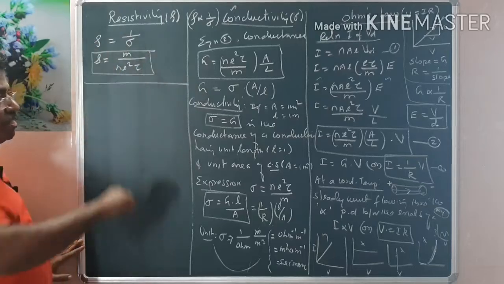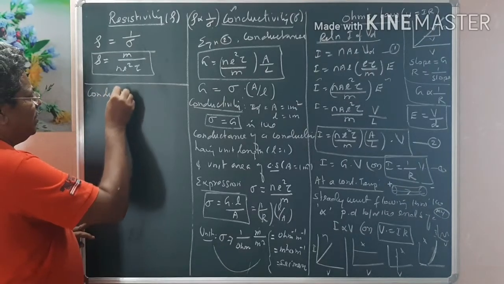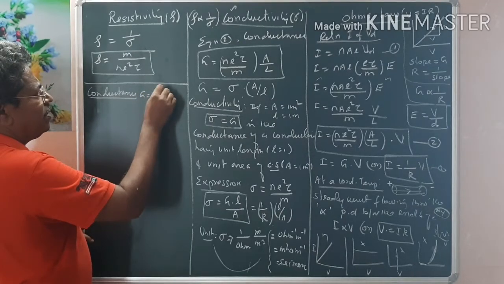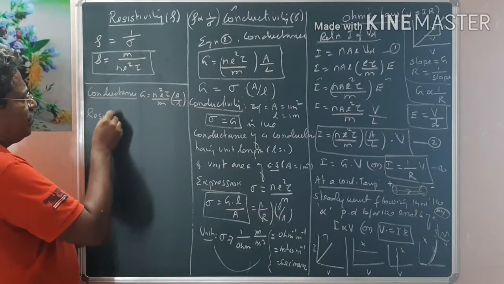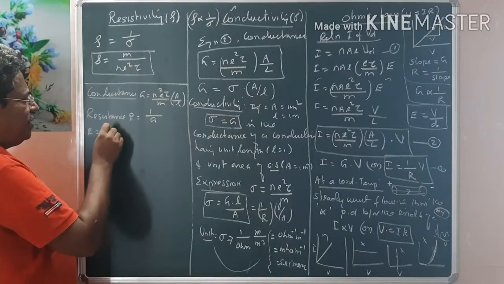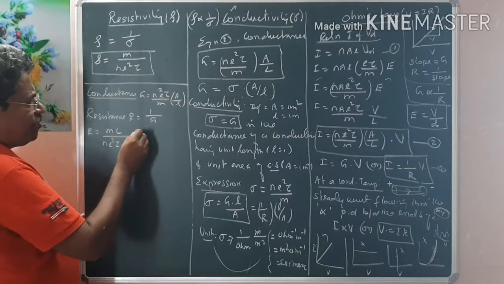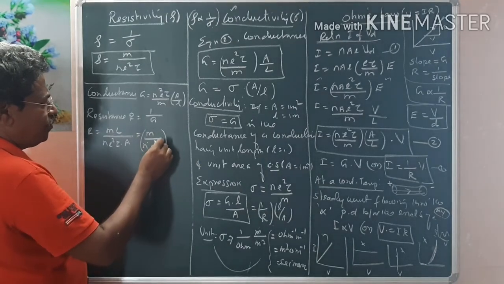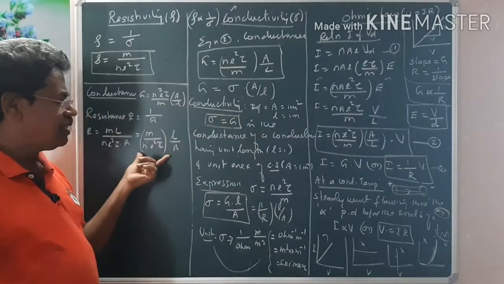Or we can also derive resistivity from this basic equation. Again we know that conductance G is equal to n e square tau by m into A by L. Therefore resistance R is equal to 1 by G. Therefore resistance R equals inverted, m L divided by n e square tau into A. This we can write as m divided by n e square tau into L by A. Now L and A are variable, but these terms are not variable.